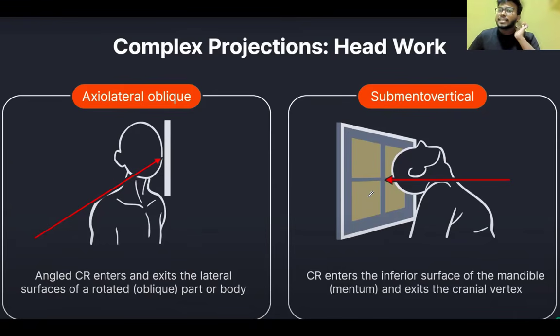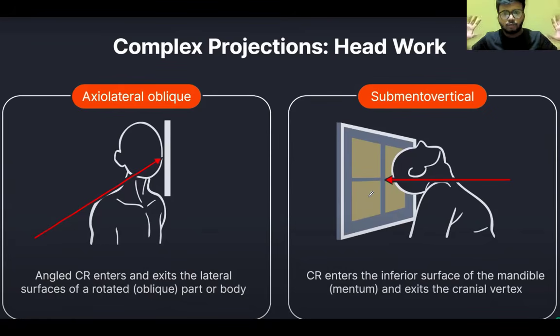Clear? Then submentovertex view. Mentum means the inferior portion of the mandible. We have the mandible body here, the mandibular ramus, and this portion is called the mentum. And the superior portion of the skull is called the vertex. So if the central ray enters through the mentum and exits through the vertex, it is called submentovertex. Usually we do this with the neck hyperextended.